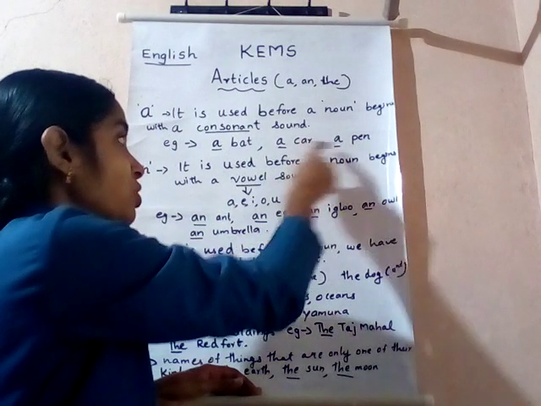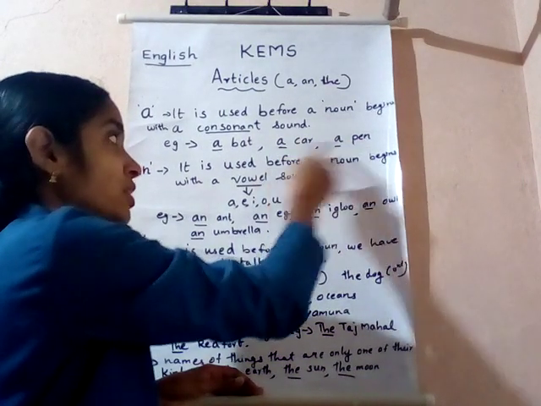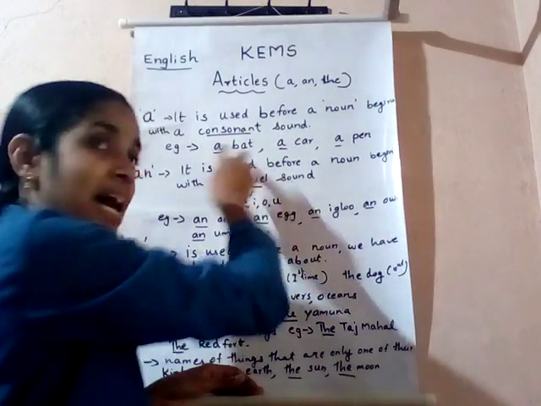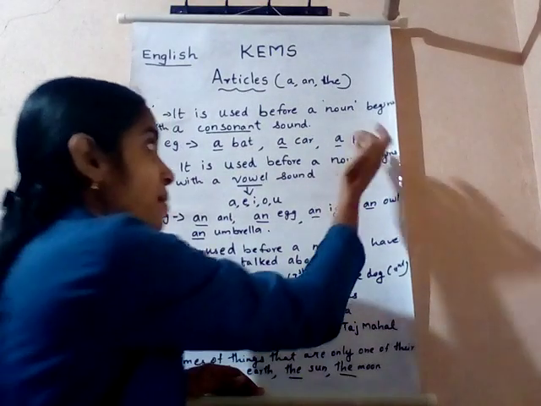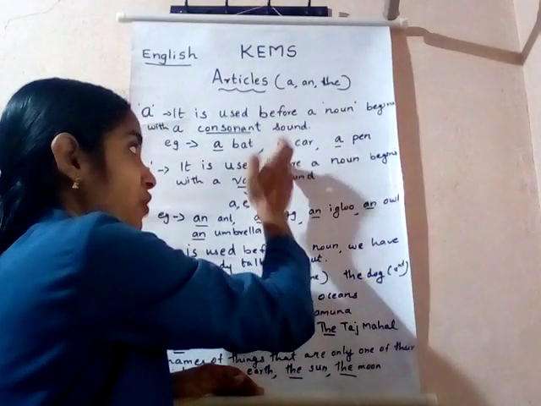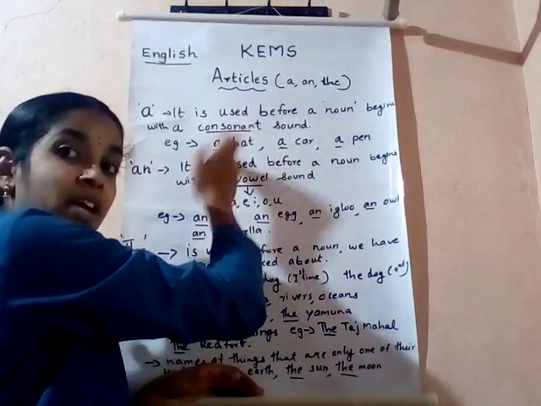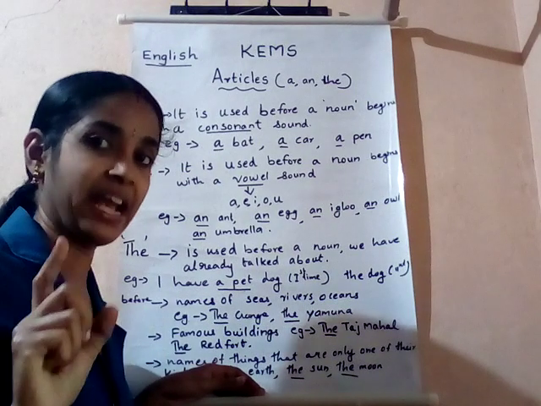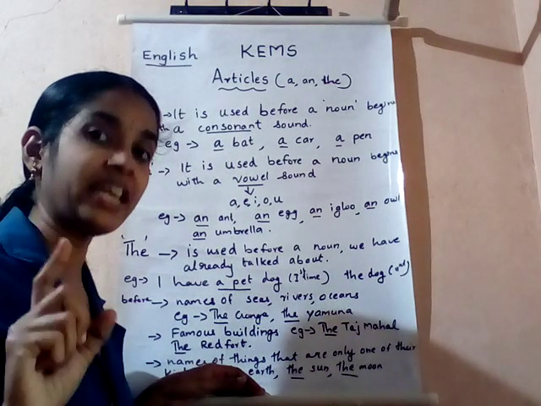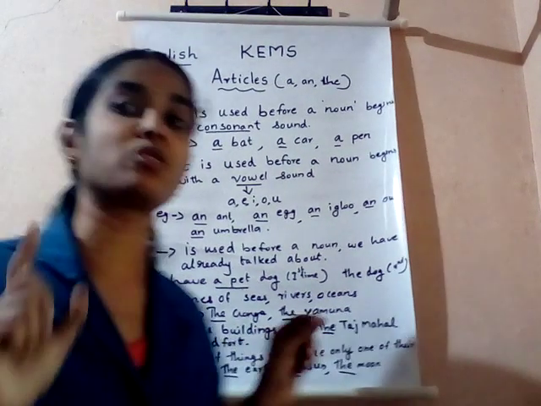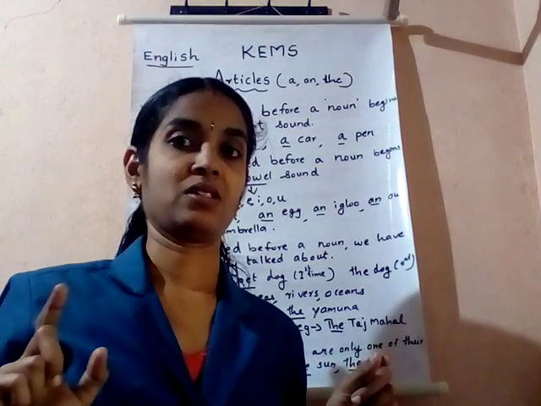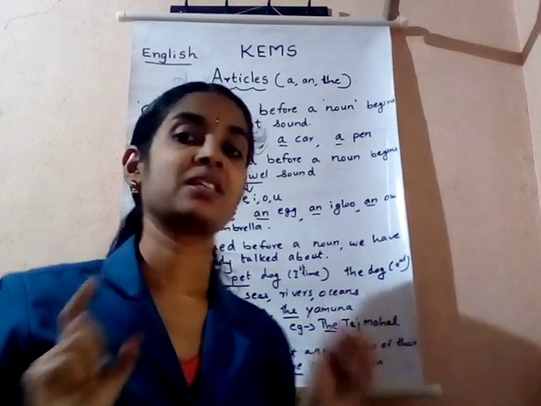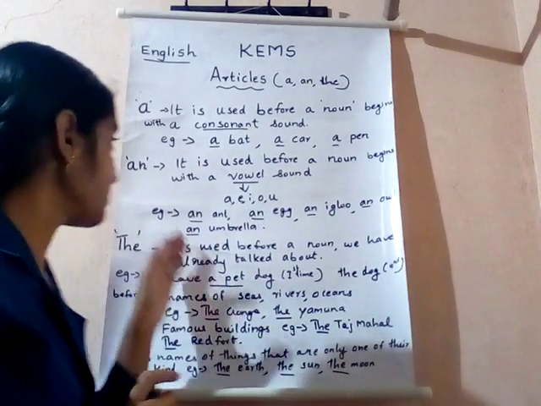Pen, car, bat, these are nouns, so before a noun with a consonant sound we have to use a. Only for the consonant sound we use a. Okay, clear?